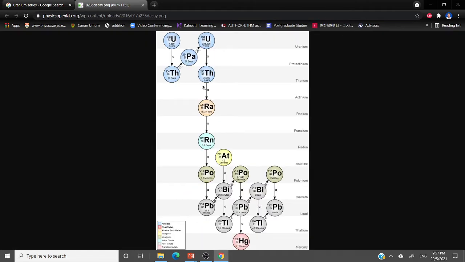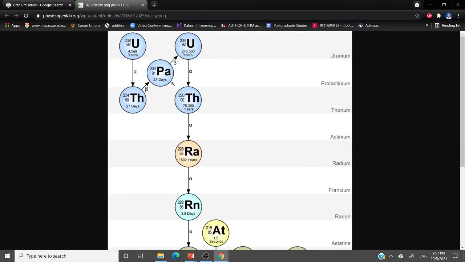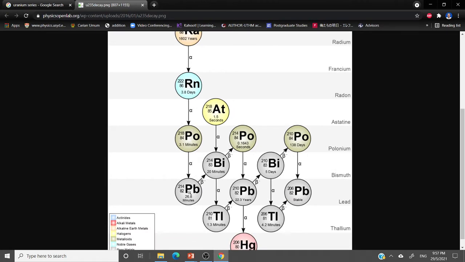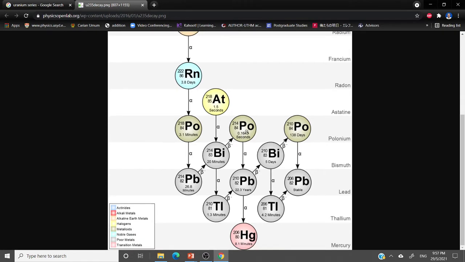Then alpha decay becomes thorium. After that, beta minus decay becomes protactinium, and then uranium 234, and then thorium, radium, radon, polonium, lead, bismuth, polonium, lead, and then from bismuth to thallium, thallium to lead to bismuth, bismuth to polonium.